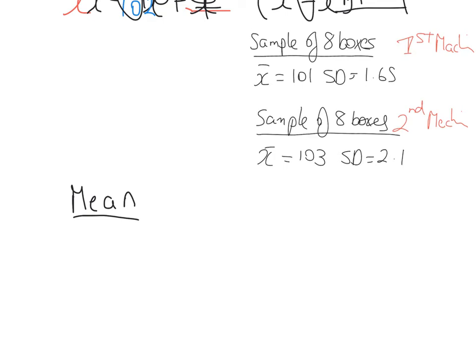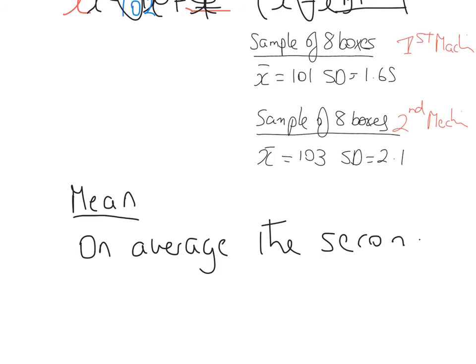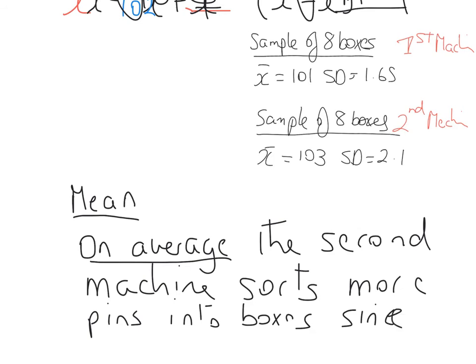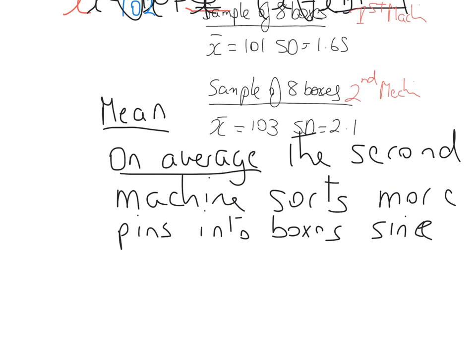So what we could say there is, on average, the second machine sorts more pins into boxes. So we need to say on average because it is just a measure of the average. Since 103 is greater than 101.